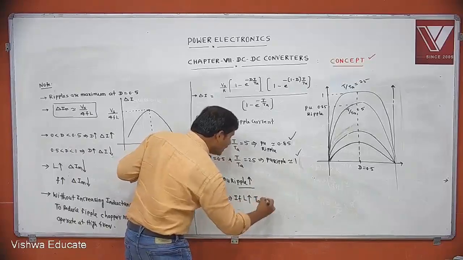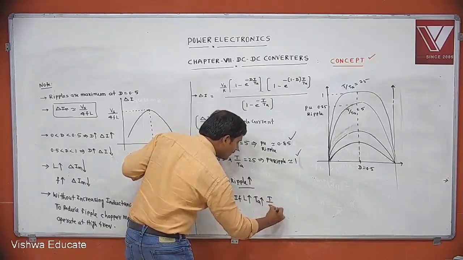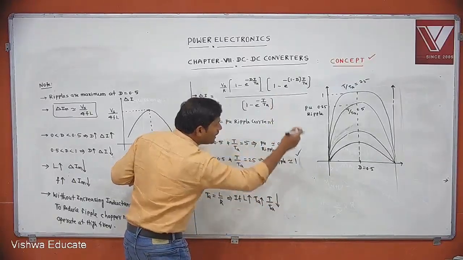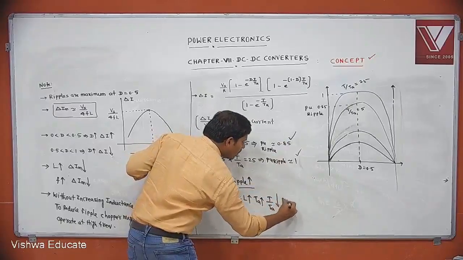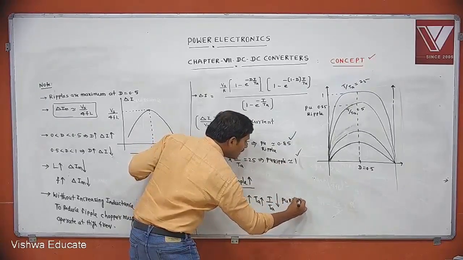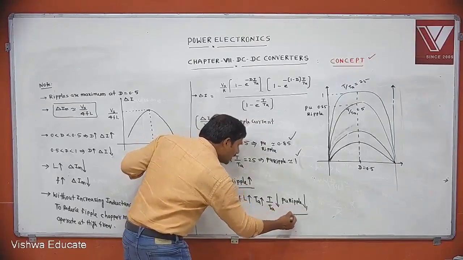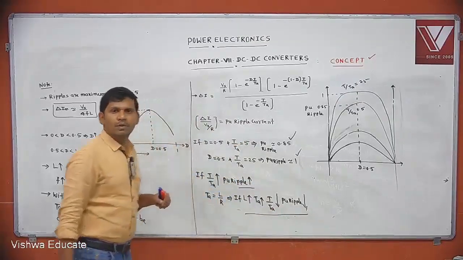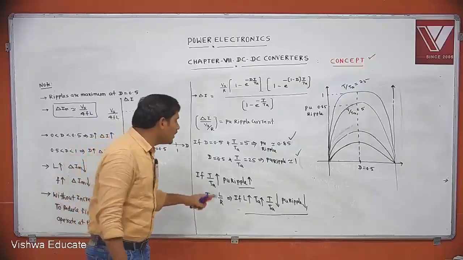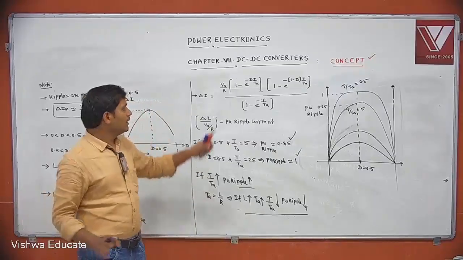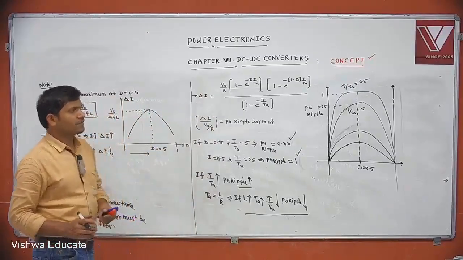If Ta increases, T by Ta reduces. If T by Ta reduces, the per unit ripple reduces. That's why by increasing the inductance, you can reduce the ripple. This is another proof. Clear? That concept, different observation.